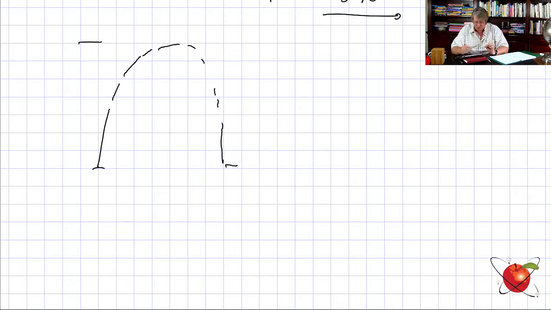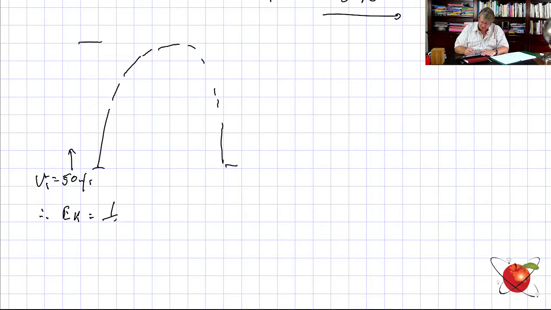Just let's have a look at an example, right? Let us say we have an object which is thrown up. According to the energy equation, let's say it is thrown up with a V initial equal to 50 meters per second. Therefore, EK is a half times mv squared, correct?